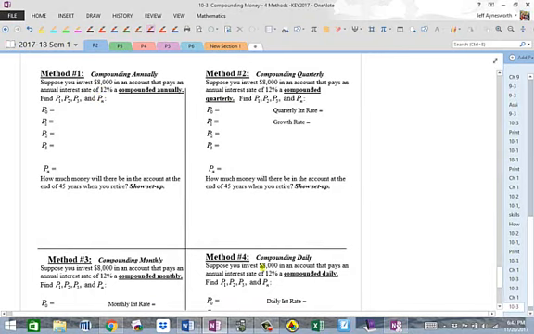I want you to calculate each amount and figure out what you're going to get in 45 years, whether you compound it annually, quarterly, monthly, or daily, because you've got to read the directions here, and figure out which method is the best. If you had $8,000 and the annual interest rate is 12% in all 4 cases, which method gives you the most money in 45 years?